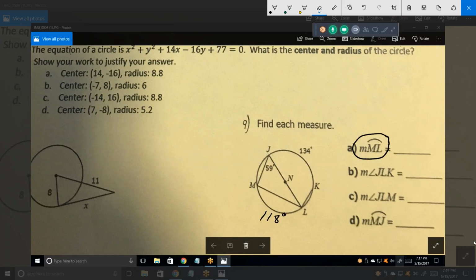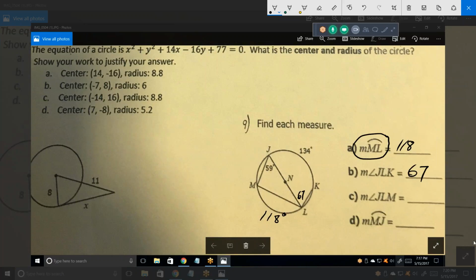This angle right there. Is it 76 degrees? 67, I believe. You wanted half of it. Yeah, 67. Okay. So this is 118. This is 67.